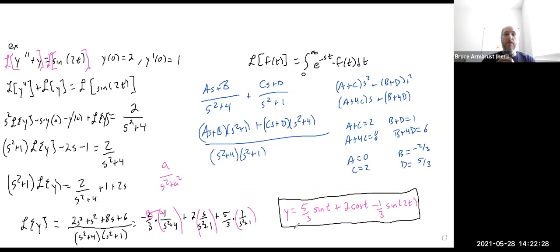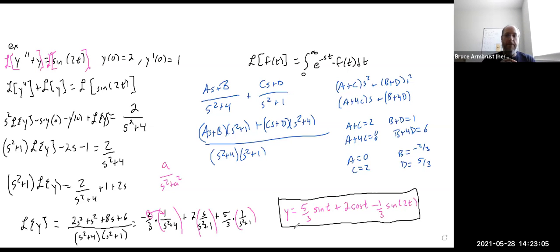It's exactly what you would have found if you had done it the old-fashioned way. Find the solution to the homogeneous: that pair was sine of t and cosine of t, so c1 sine t plus c2 cosine t. Then find a particular solution. Since we've got a sine of 2t, we guess a sine of 2t plus b cosine of 2t, put that into the differential equation, solve that system, and you end up with minus 1/3 sine of 2t and no cosine.